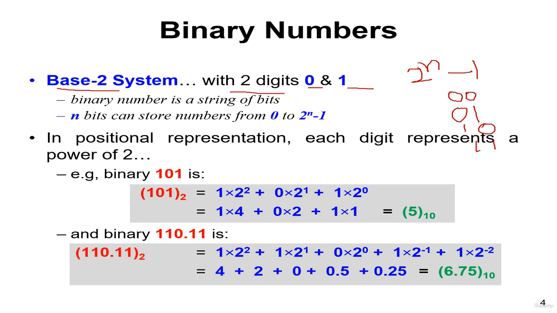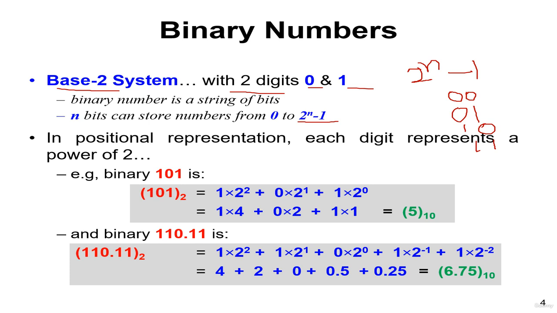This n means the number of bits, right? So if it is a 2-bit number, it would be 2 raised to the power 2, which is 4. 4 minus 1 would be 3. So it can store 4 values, starting from 0, and it can go till 3. So the highest value that can be stored is actually 2 raised to the power n minus 1. It is something which you should remember.